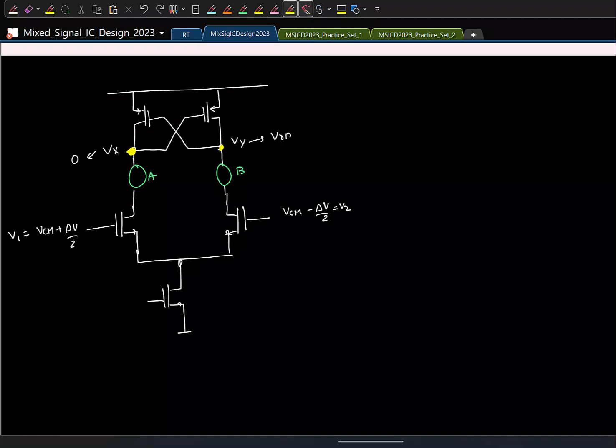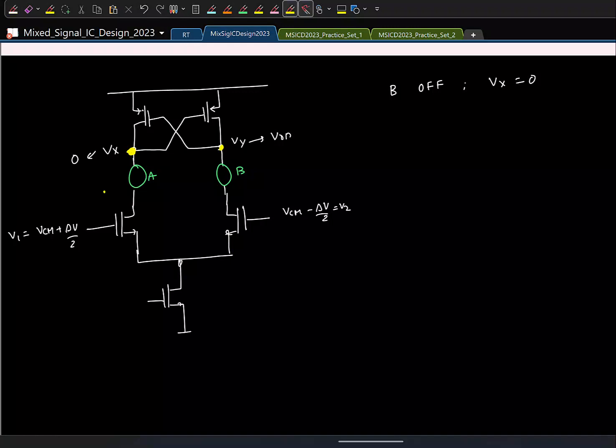And remember that if we, let's say B, this guy should not be conducting when this is 0. When this is 0, this PMOS is on, remember? And that is when we don't want this path. Right? So we want B to be off when Vx is 0. Fine.